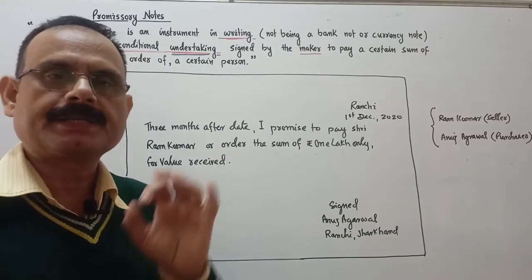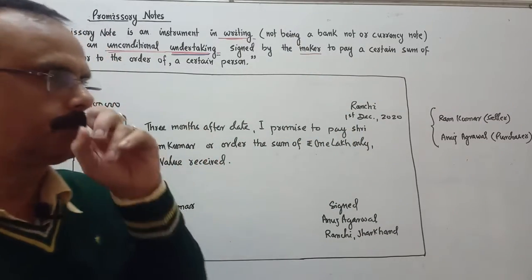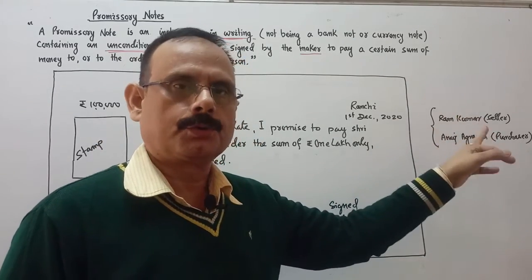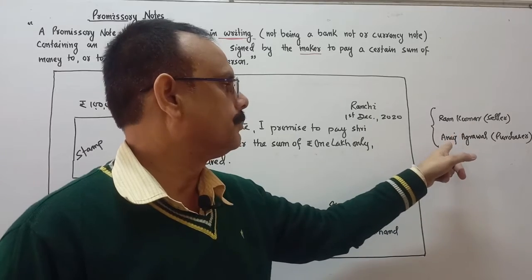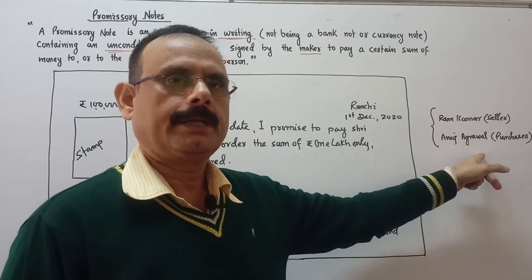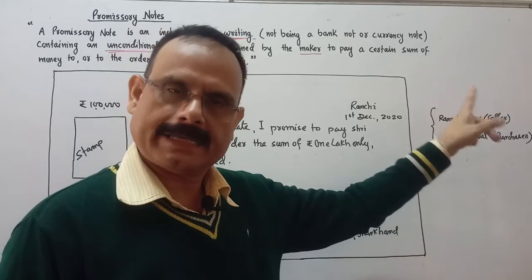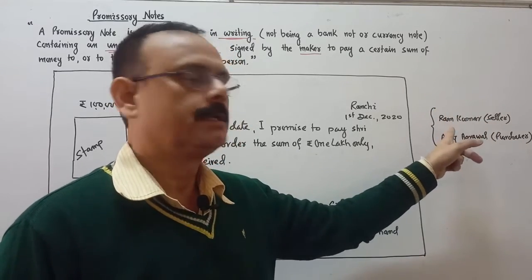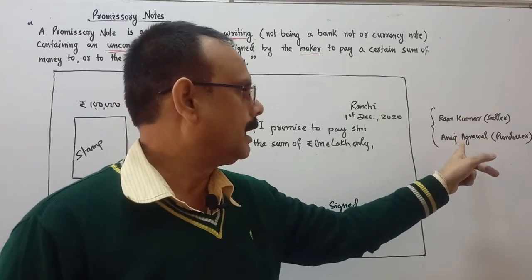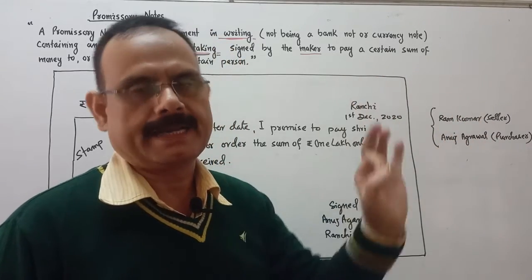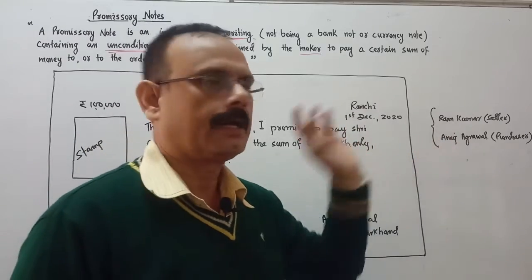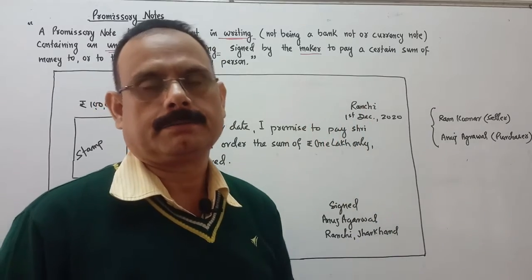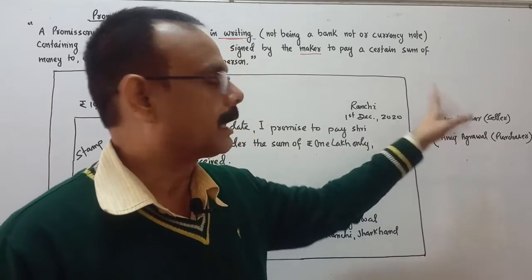Now see the specimen of a promissory note. Suppose Ram Kumar sold goods on credit to Anuj Agrawal. It means Ram Kumar is the seller and Anuj Agrawal is the purchaser. So Anuj Agrawal, the purchaser, meaning the debtor, will draw the promissory note on Ram Kumar.